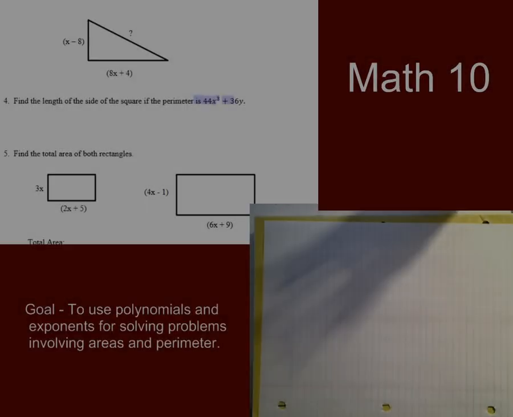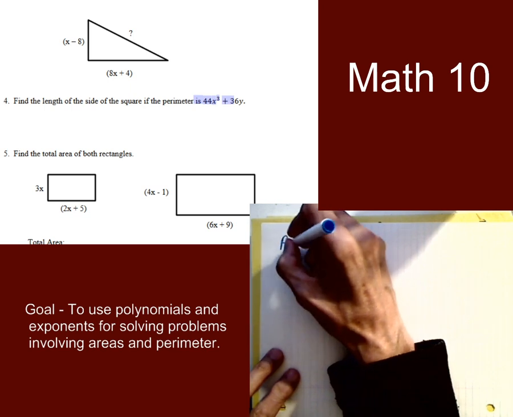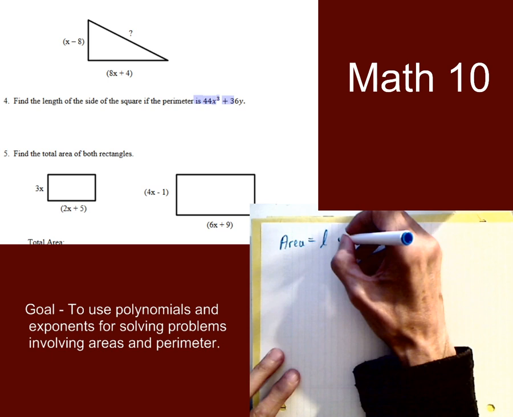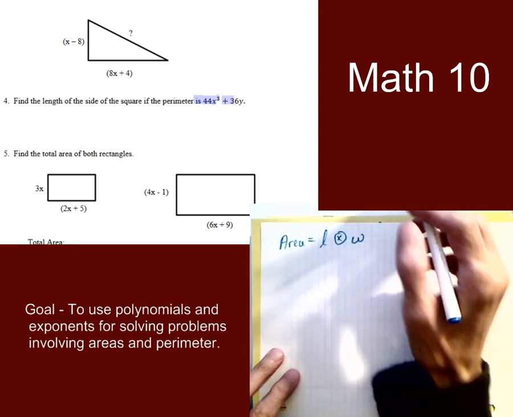What we're going to do for this slide here is answer question number 5, just like we've been doing the last couple of questions. In this case, we have to find the area. Now, the area, if you recall, is the result from multiplying the length and the width.